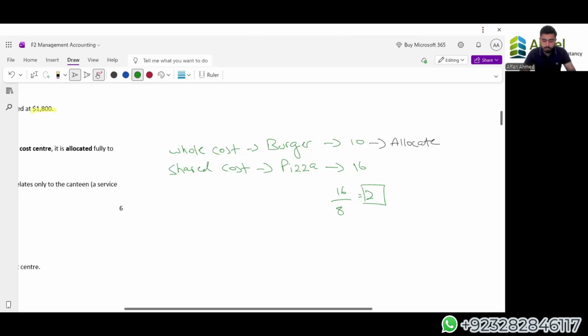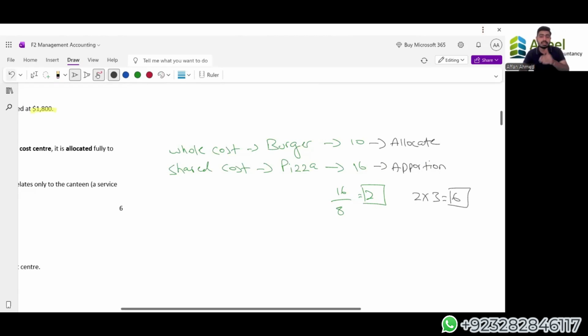That means I am going to apportion or assign a cost based on the portion of consumption by a particular department or person. So if a person eats 3 slices, then 2 into 3, he is going to pay me $6, right?